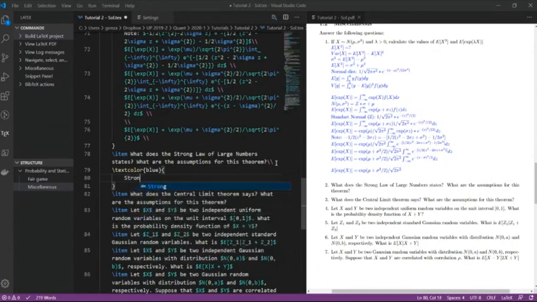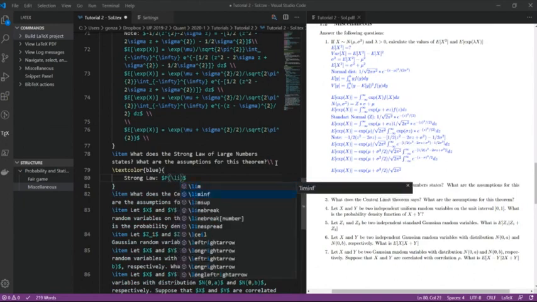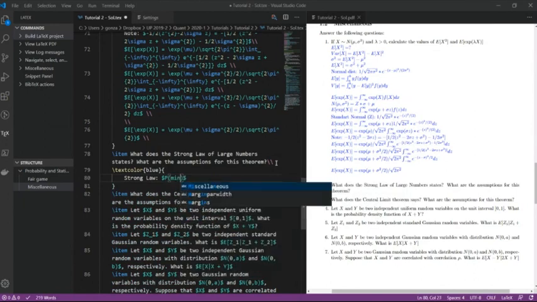So the strong law is that the probability, the limit. How do you write limit in LaTeX? Limit.